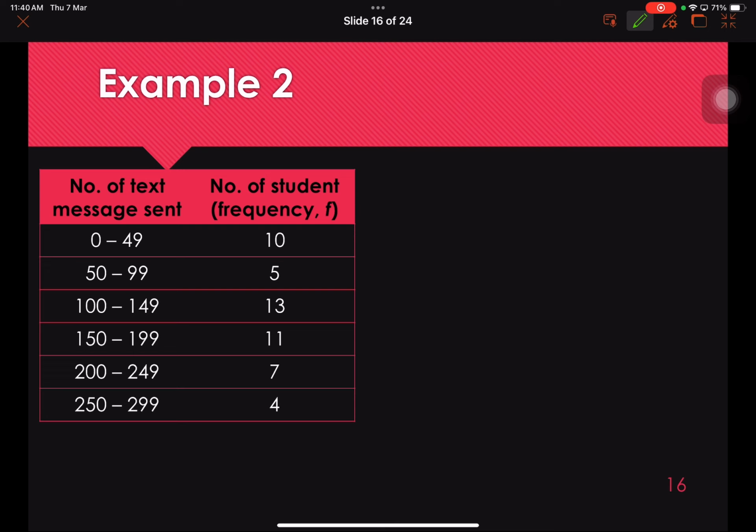Hi guys. Can you write the final answer first here? Okay guys, this is the answer. If you have this one, good job. If you don't have this one, not so good.